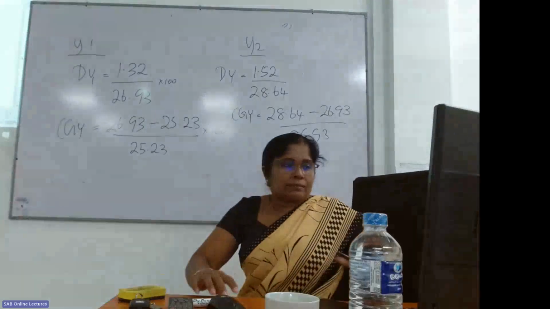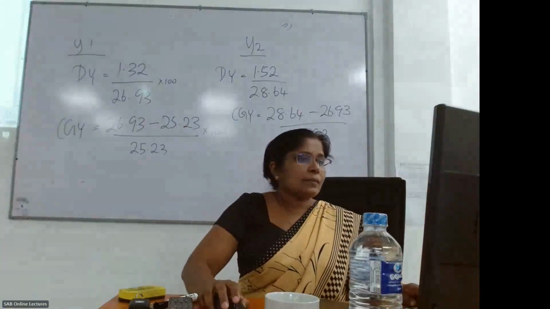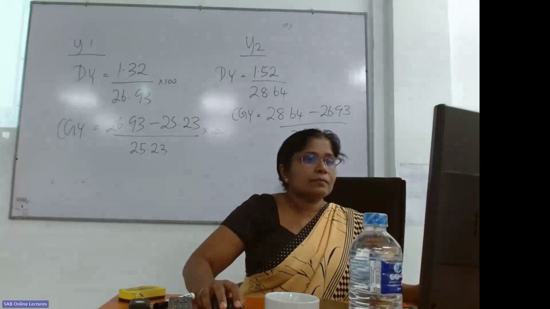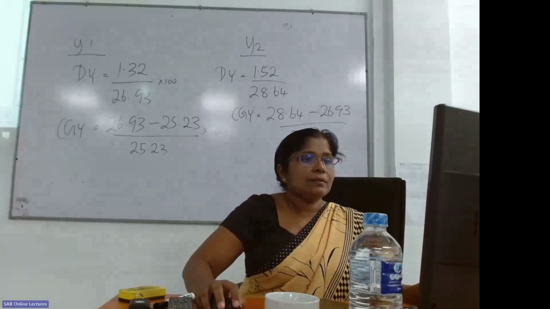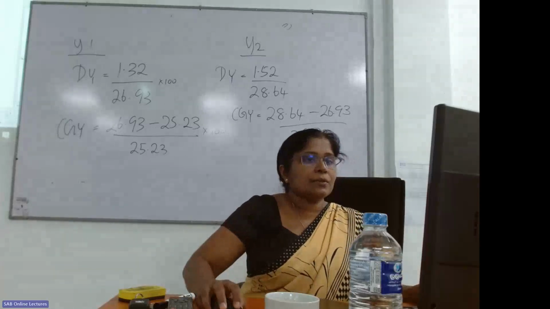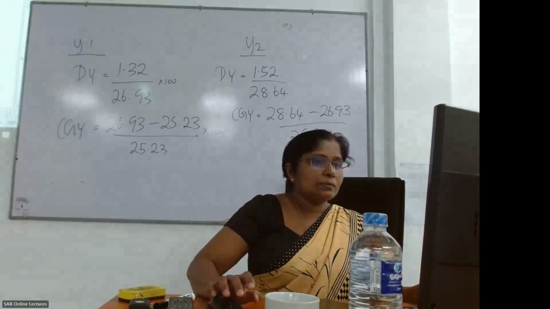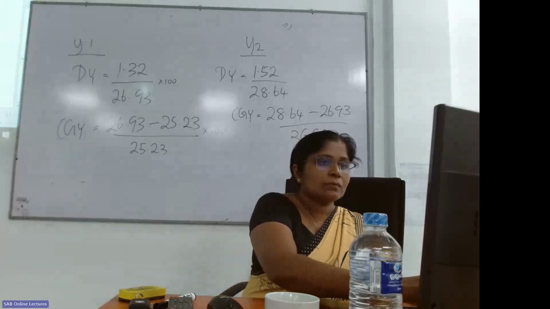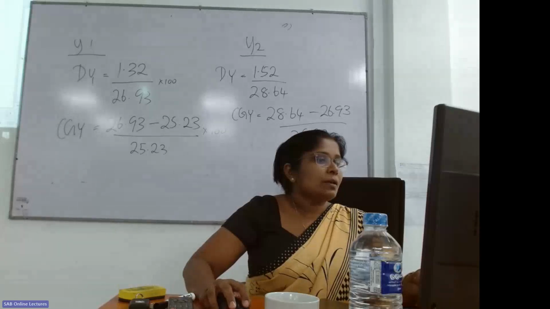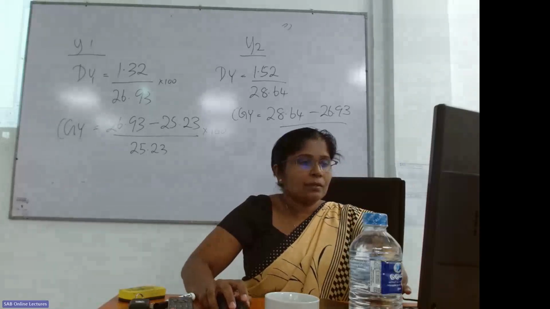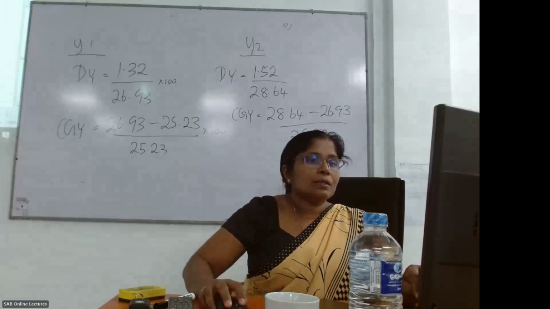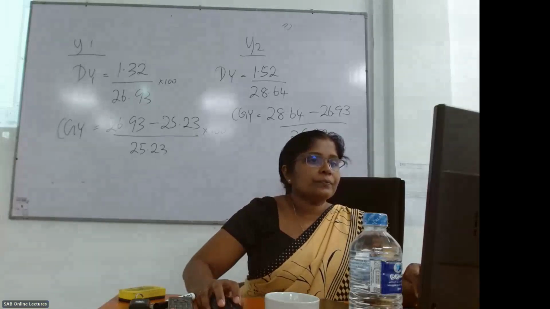What are the answers? Year 1 dividend yield is equal to 1.37 divided by 26 into 100, 5.03.